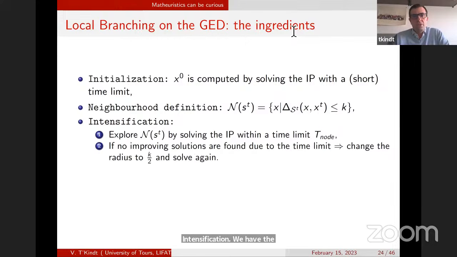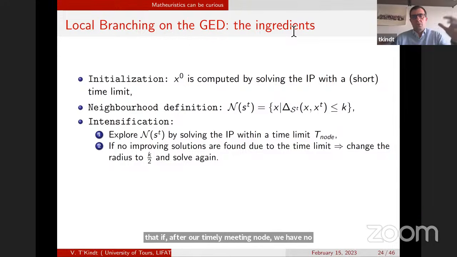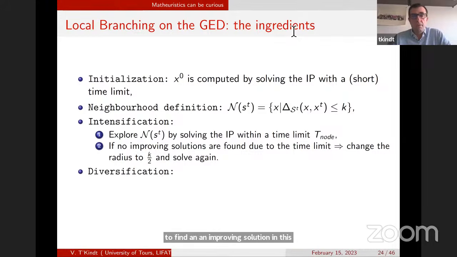And if after our time limit T_node we have no improving solutions, then we decrease the radius to K over 2 and we solve the problem again, hopefully trying to find an improving solution in this reduced neighborhood. And if this fails, then we apply strong diversification.